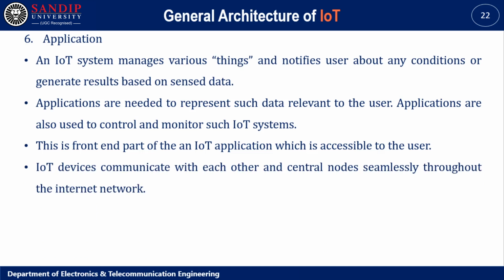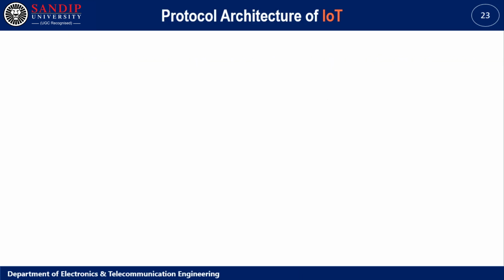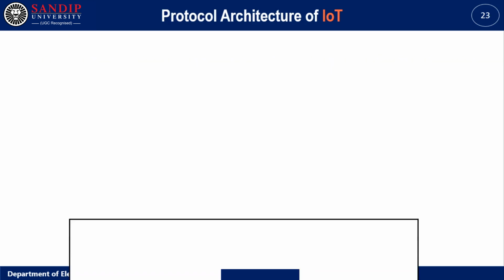IoT devices communicate with each other and the central node seamlessly throughout the internet network. For this communication to happen smoothly, various protocols are available in various layers of the internet protocol suite. Protocol architecture of IoT.